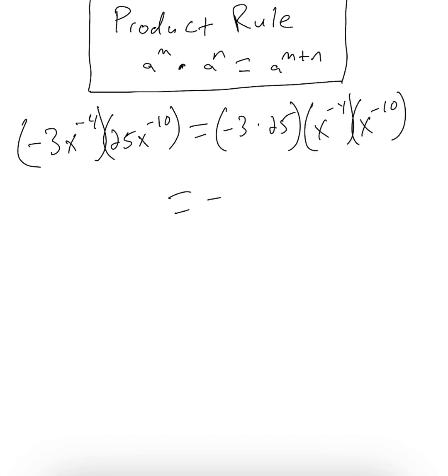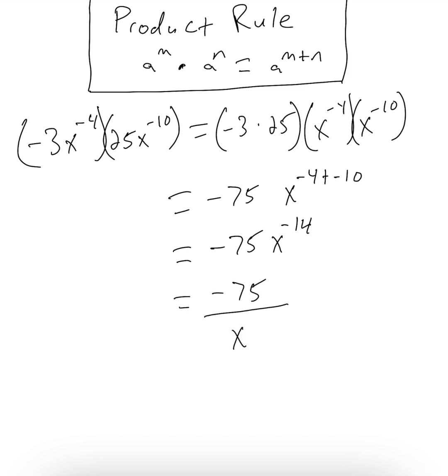So here we have negative 75, x raised to negative 4 plus negative 10. Now we have negative 75, x raised to the negative 14, which is going to equal negative 75 over x raised to the 14th power.